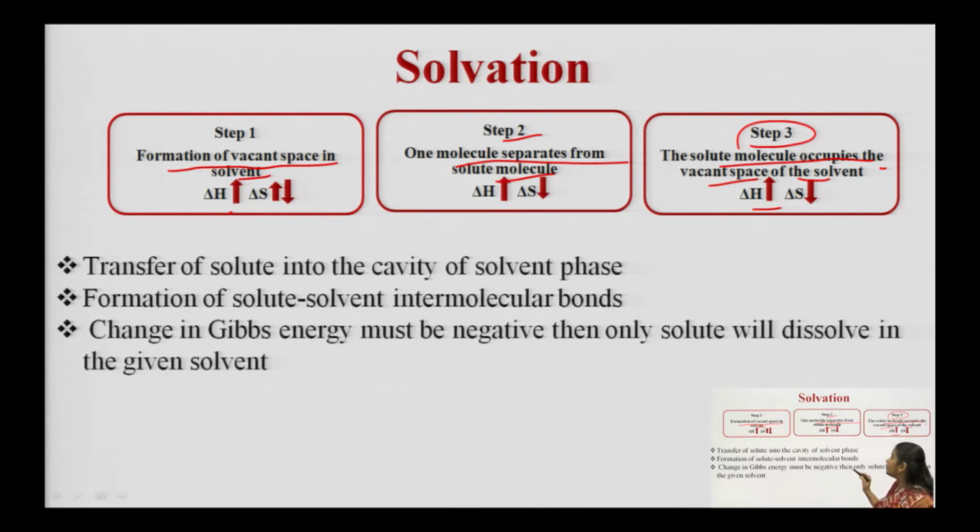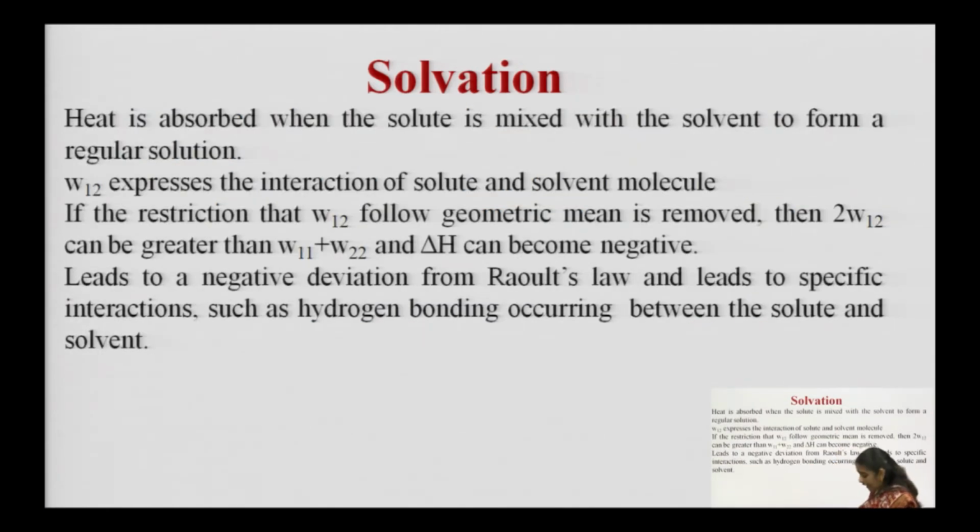If we want the solute to be soluble in the solution, the change in Gibbs free energy should be negative. Only then will the solute be solubilized in the solvent.